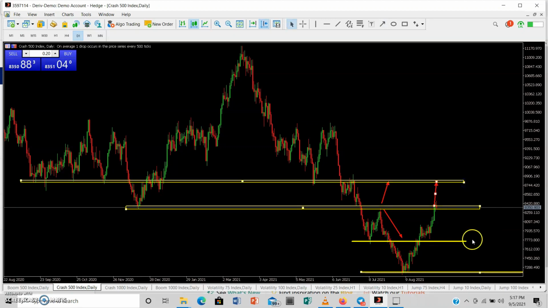So probably we're first going to have a retracement, and then the market will maybe try and push all the way up. That will be the anticipation for Crash 500. So right now it's at a very much decision making zone as it sits on this previous resistance zone, probably going to be turned into a support zone.